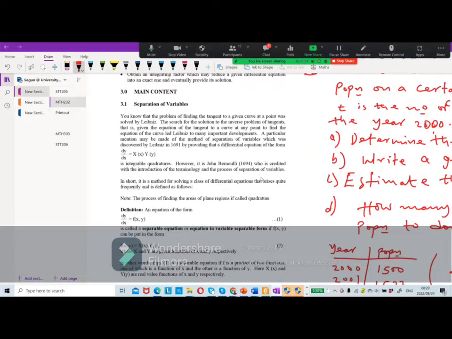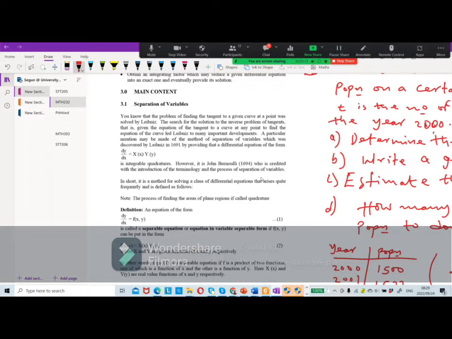Separation of variables. You know that the problem of finding the tangent to a given curve at a point was solved by Leibniz. The search for the solution to the inverse problem of tangents, that is, given the equation of the tangent to a curve at any point, to find the equation of the curve, led Leibniz to many important developments.